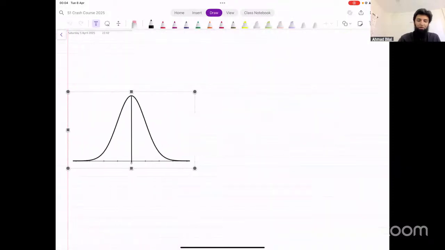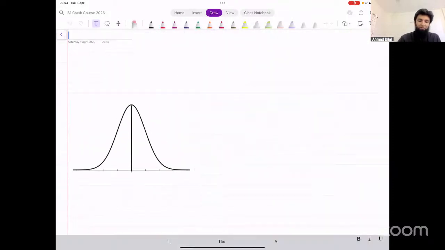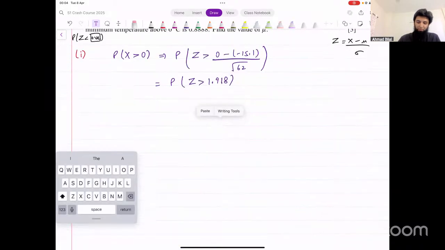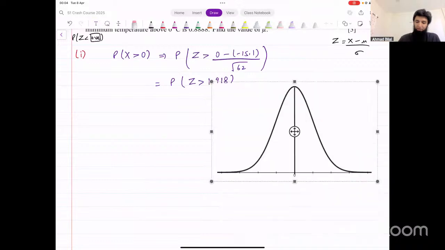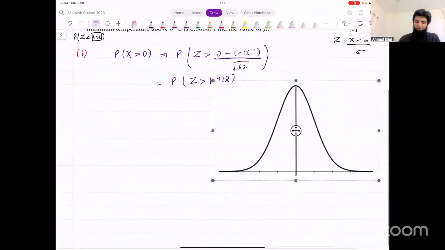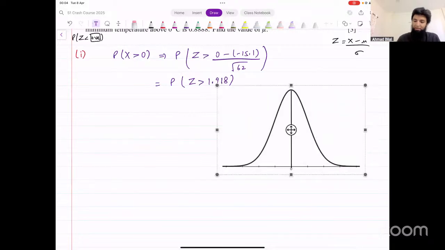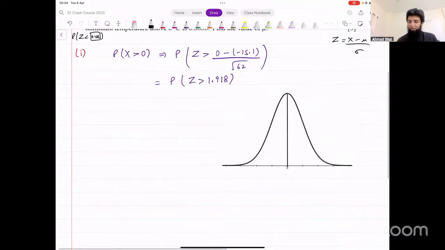We can draw a normal distribution curve. Let's say this is what it looks like. This is the normal distribution curve. Z is greater than 1.918, and in the middle of the Z distribution, we've got 0. So 1.918 will be on the right side here somewhere. What we are looking for is this area.